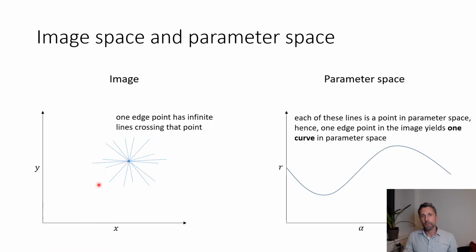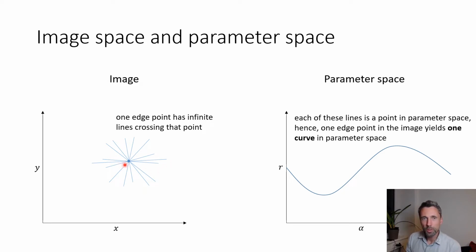And now think of an edge pixel that we observe as support for an infinite number of lines, right? So that edge pixel could be resulting from virtually all possible lines.